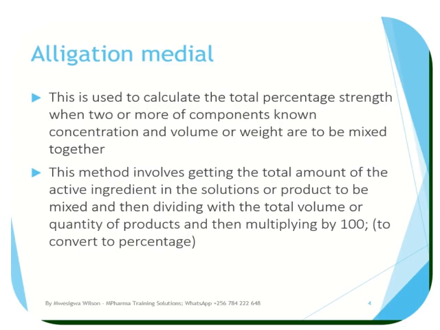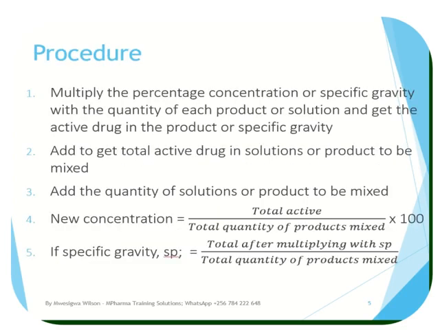Remember, in alligation medial, we are having products of known concentration and quantity. So multiply the concentration or specific gravity with the quantity of each product or solution to get the total active ingredient. I'm going to show you in the next slide how to do it.